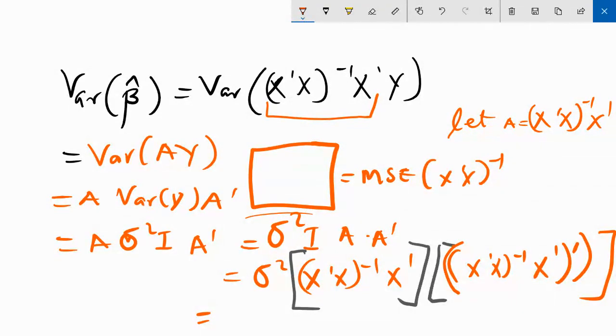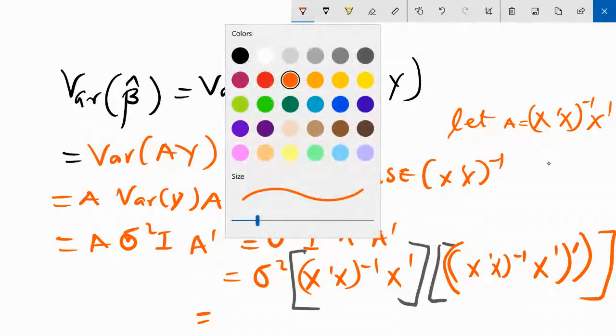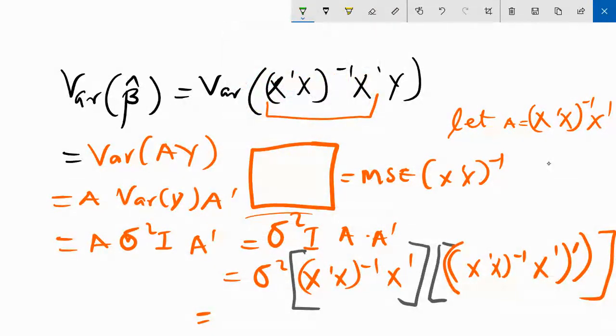In symbol notation, it says variance of B. If you are talking about the estimate, it will be variance of B.